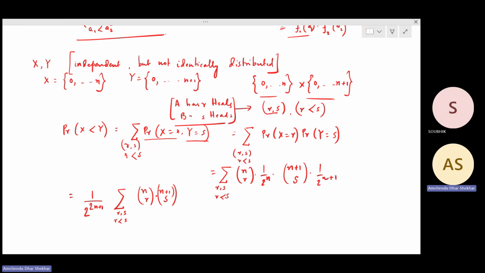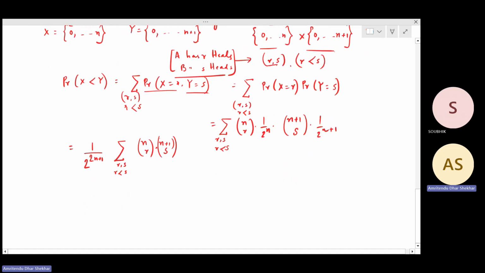So essentially, to elaborate this a little bit more, we need to do 1 by 2 to the power n plus 1. I'm just rewriting this sum only, nothing else. Sum over s equals 1 to n plus 1, sum over r equals 0 to s minus 1 of nCr times n plus 1 Cs.